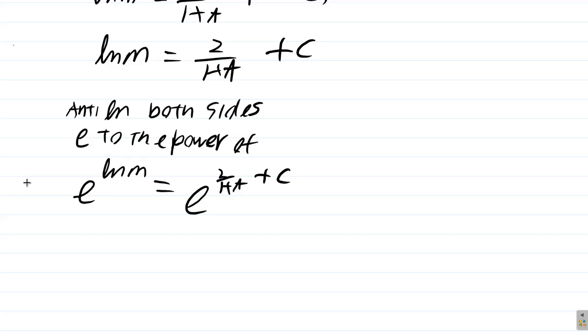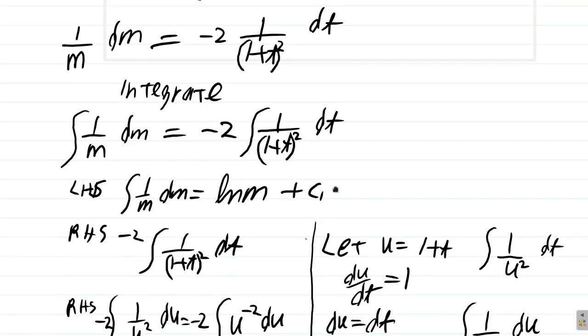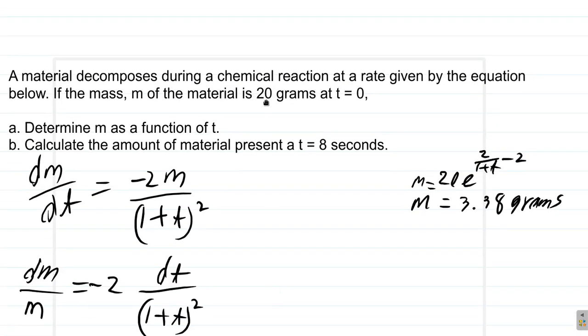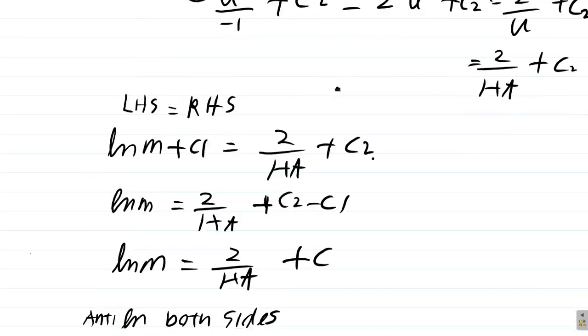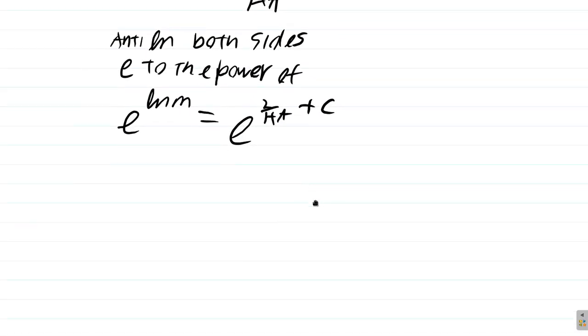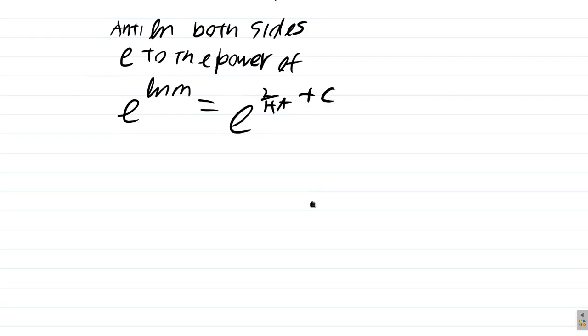But what it says here now is when t is 0, the material is 20 grams. Right? When t is 0, what you have is 20 grams.